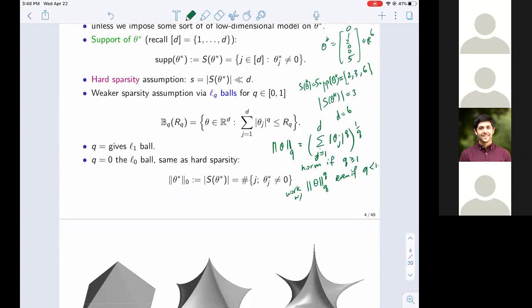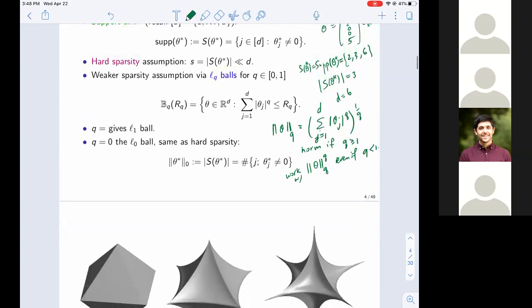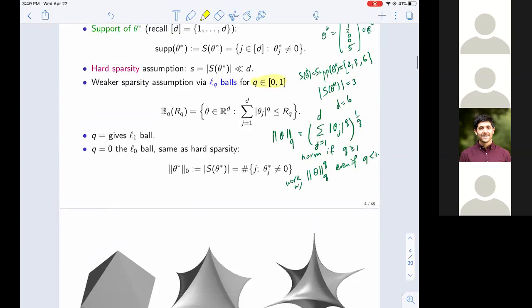I shouldn't call them norms; if I'm calling them norms, it's just for convenience. What we care about are these LQ balls when Q is between 0 and 1, and I'll show you the picture shortly. You would assume that theta belongs to an LQ ball with a certain radius, which just says that the sum of theta j to the power Q is less than or equal to R Q.